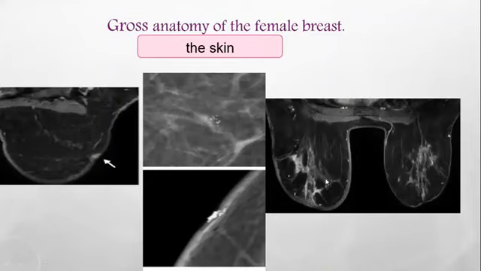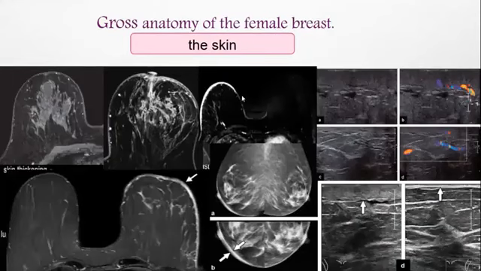But if we look here, definitely the skin here is normal thin skin, but on the other side the skin is thickened, which is considered pathological, definitely not a normal skin. And in these examples here, this is normal skin, the contralateral breast, definitely the skin is thickened. This is not a normal skin.